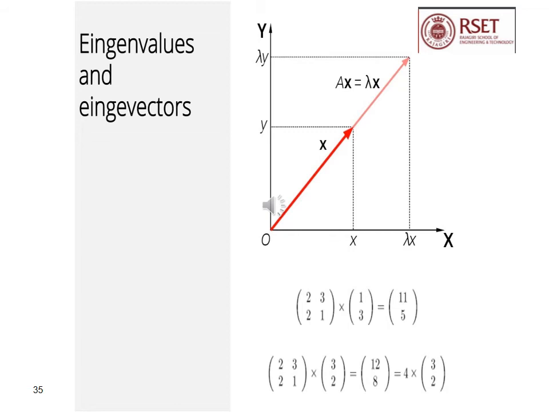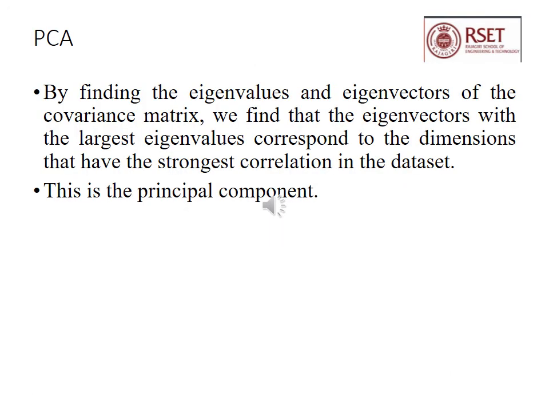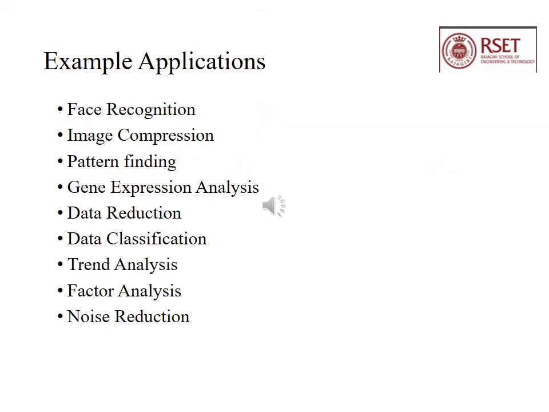And this is an original matrix [2, 3; 2, 1] multiplied by the vector (3, 2), and by a factor of 4 which is multiplied by 3 and 2. By finding the eigenvalues and eigenvectors of a covariance matrix, we find that the eigenvectors with the largest eigenvalues correspond to the dimensions that have the strongest correlation in the data set. And this is the principal component.